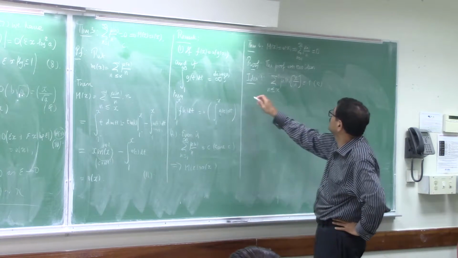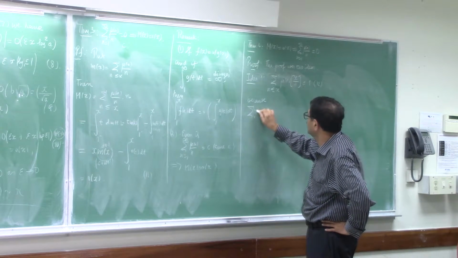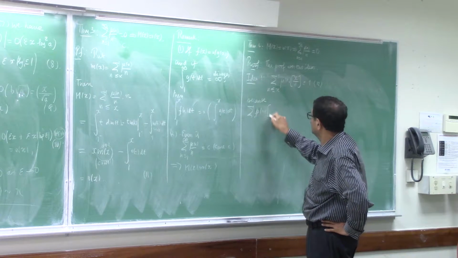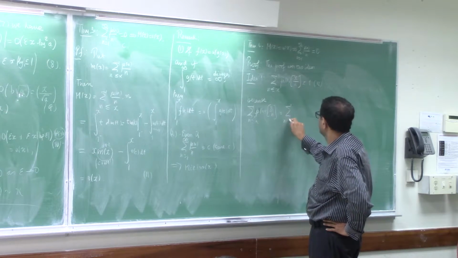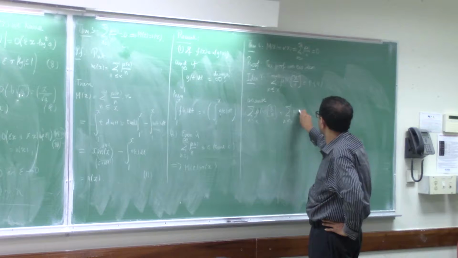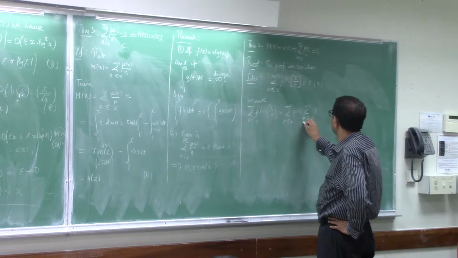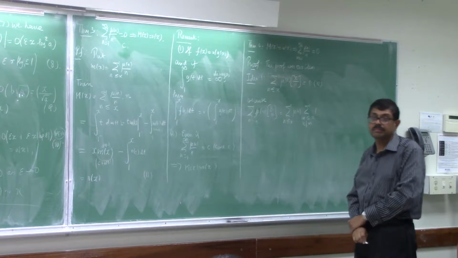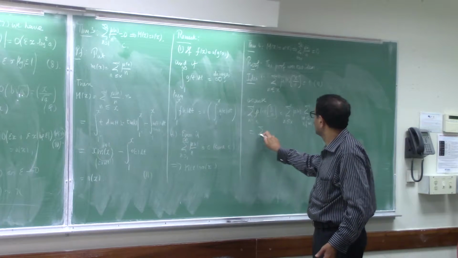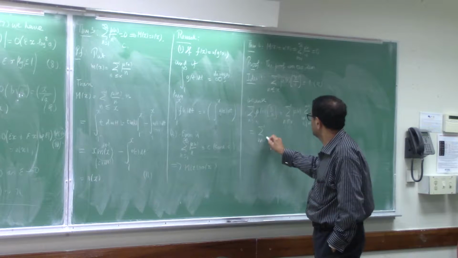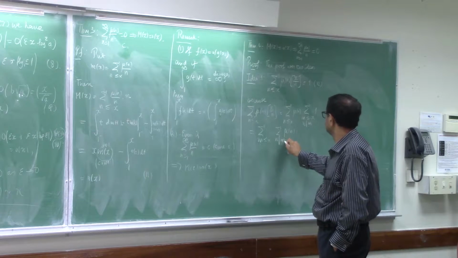Why? Because summation mu d mu n, integral part of x over n, is the same as times summation 1 over m less than or equal to x over numbers n which divide n, which is the same as summation m less than or equal to x of summation mu n over n dividing n.